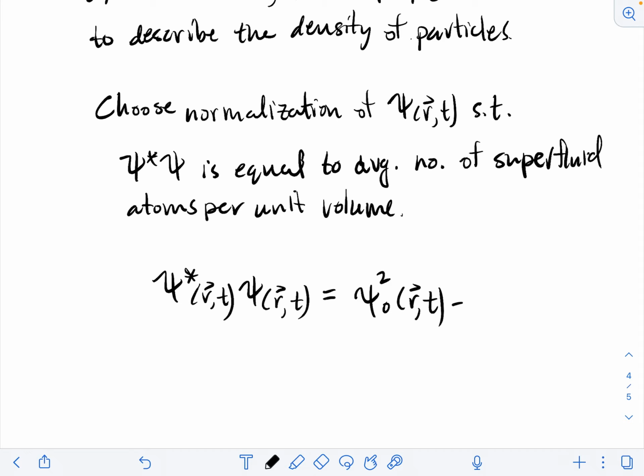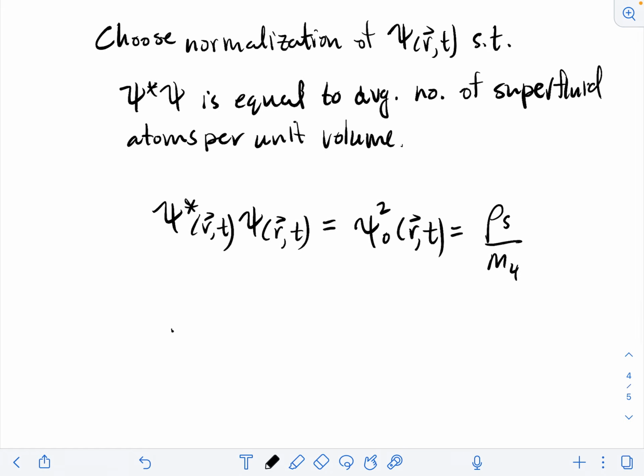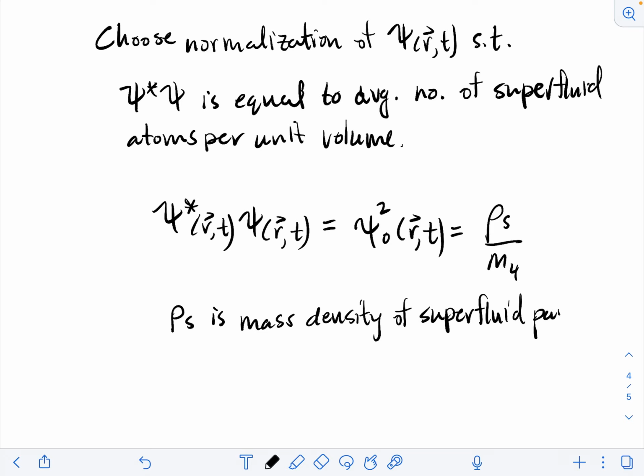And we're going to say that's equal to the superfluid density divided by the mass of helium atom. So rho s is the mass density of the superfluid particles, and rho s divided by m4 is the number density of superfluid particles.